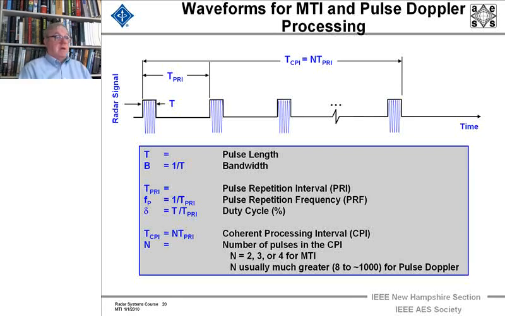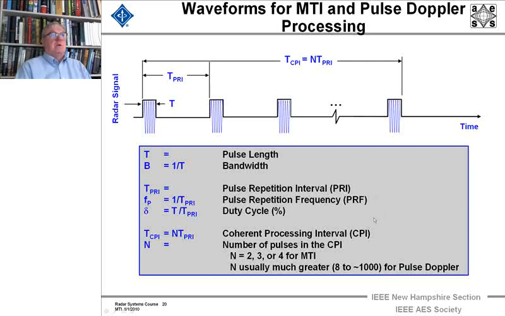That would be just N times T sub PRI, the time between each pulses. And N, of course, is the number of pulses in the coherent processing interval. N is usually 2, 3, or 4 for MTI systems. And N is much greater, 8 to 10 to up to thousands, 10,000 sometimes, and even more for pulse Doppler systems that we're going to be talking about.